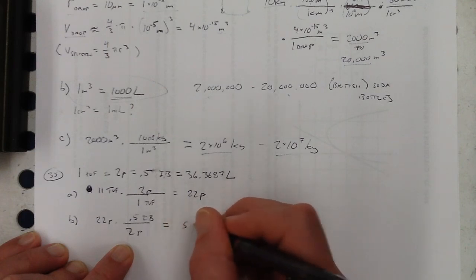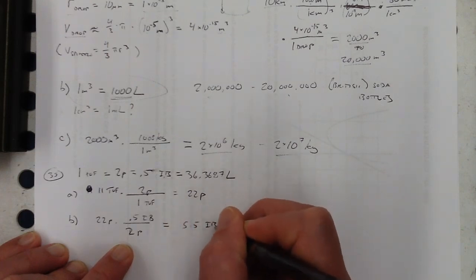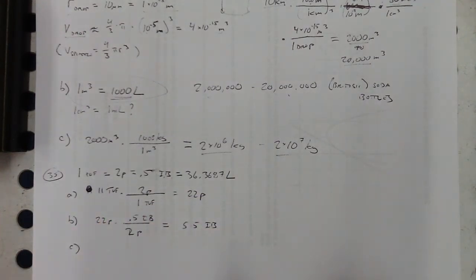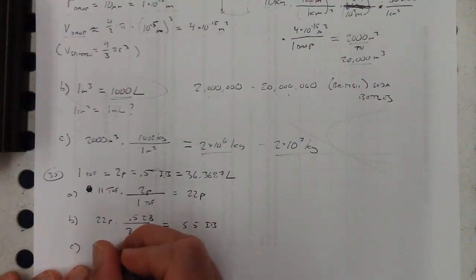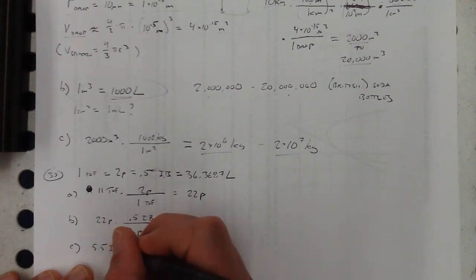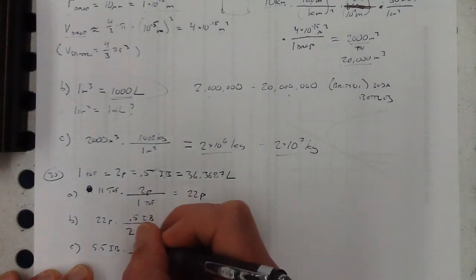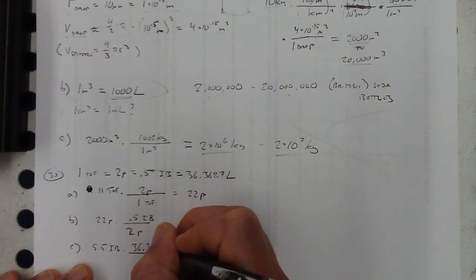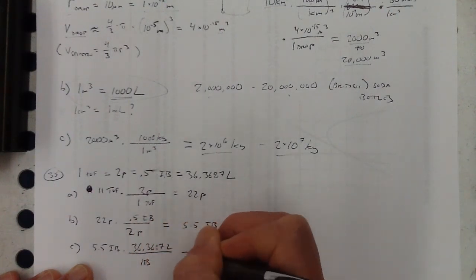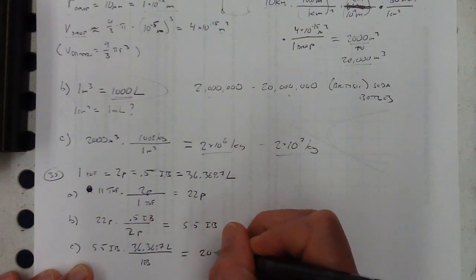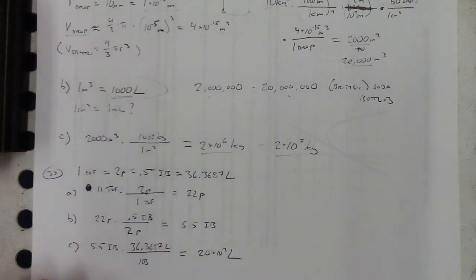So that's 5.5 of those. And then last, what about in liters? So 5.5 imperial bushels. Well, 1 imperial bushel is 36.3687 liters. So keeping 2 sig figs is about 200 liters.